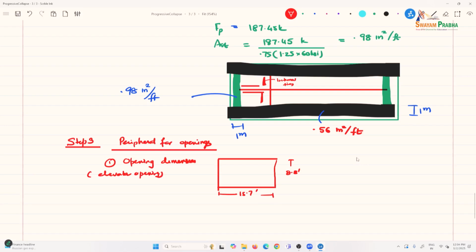And then the other one is the clear opening, 21.8 feet and 33.2 feet. This is the stairwell opening.